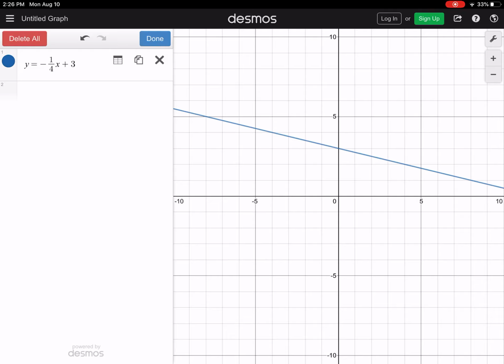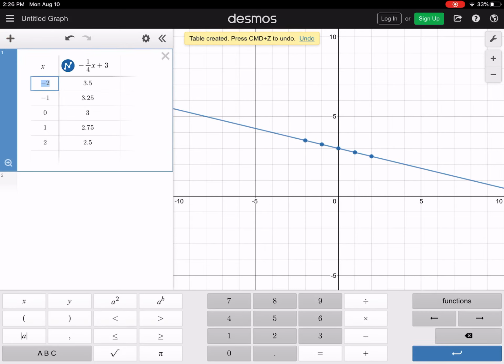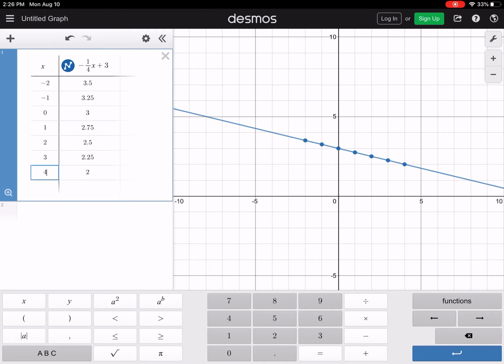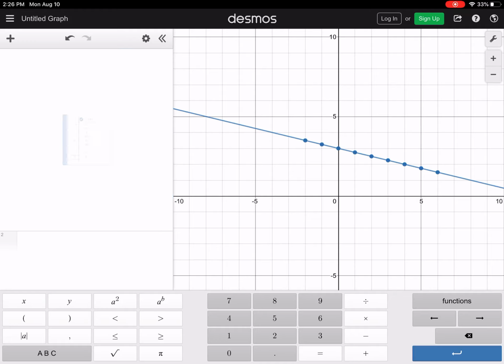So you hit the wheel at the top right-hand corner of your Desmos graph, and then you hit the table, and it'll give you points that are on that table. If you want to see more points, you can just type in any number. Okay, so you're able to see every point that's on that line. So I can just graph in Desmos to see which graph matches that equation.